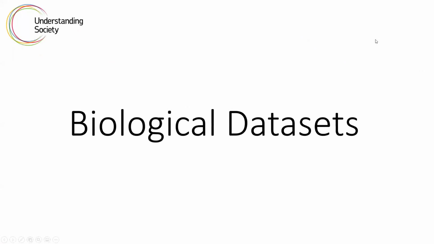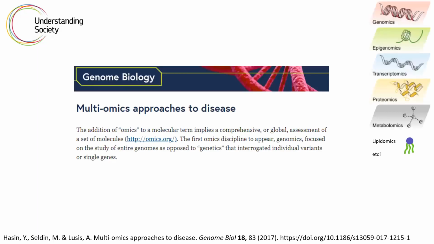Okay, hi everybody. I'm going to talk about the biological data sets we use and go over a few of the same points that Mina did, maybe in a slightly different way. Just to reiterate omics, all living things are made up of several different classes of molecules. So you will probably be familiar with genes and proteins, for example, and within these classes, there are thousands of individual different molecules.